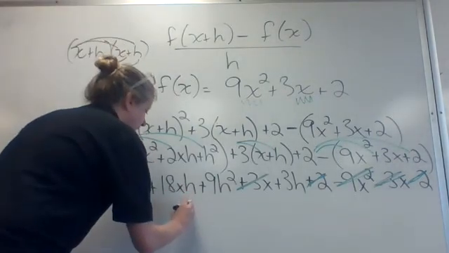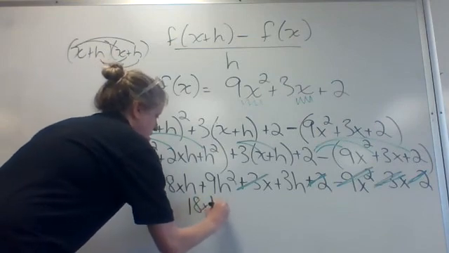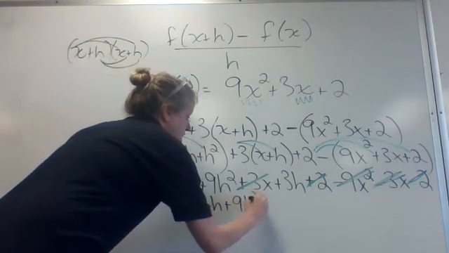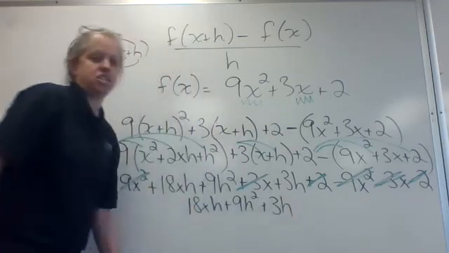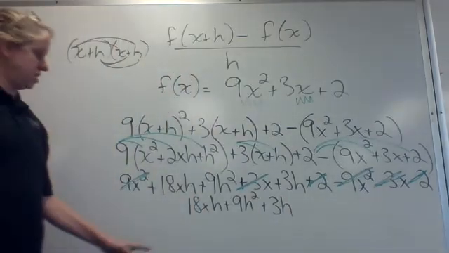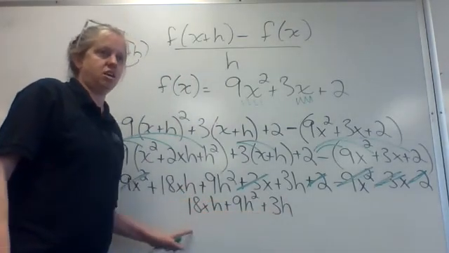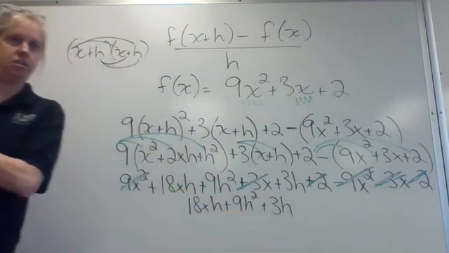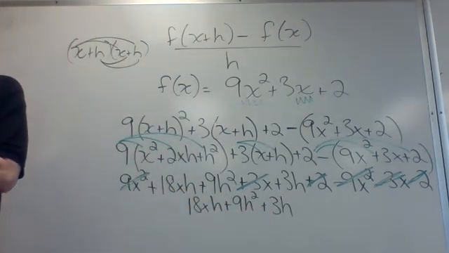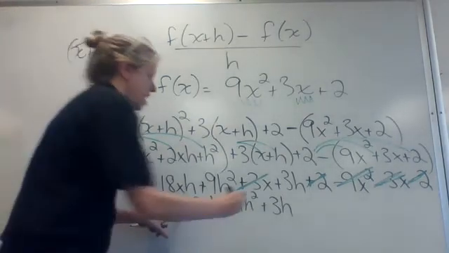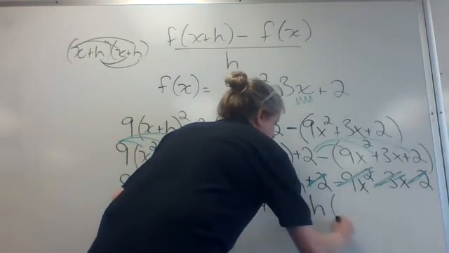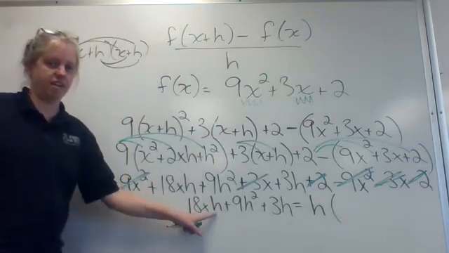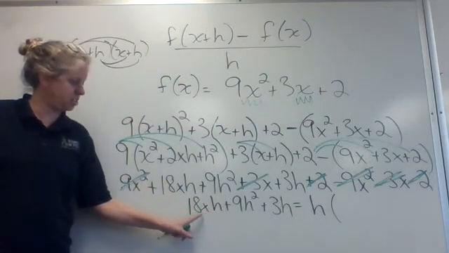You're going to have the 18xh plus 9h squared plus 3h. What's in common with those 3 terms? That you're going to pull out, right, the h, and then it'll cancel the denominator. So if I pull out an h, put in parentheses what's left. If I take the h out of this term, I'll just have 18x.